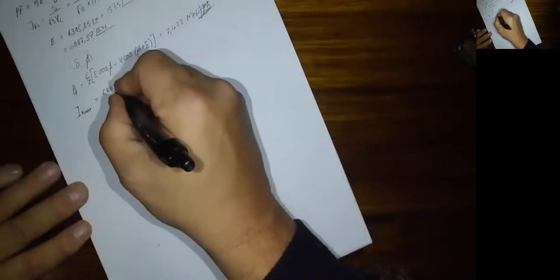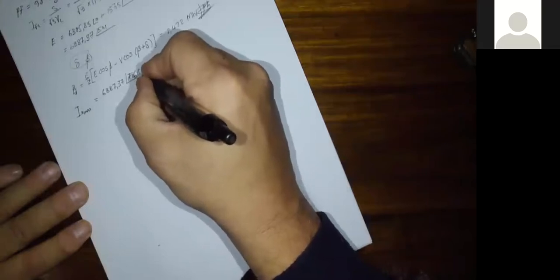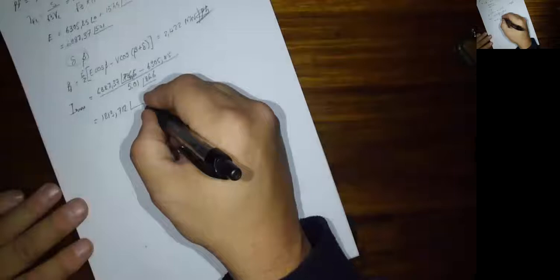All right, so I max you can sort of calculate it. So that will be 6,887.37 angle 86.57 minus 6,350 angle 0 over 5.01 angle 86.6, which is 1813.712 angle 44.25.